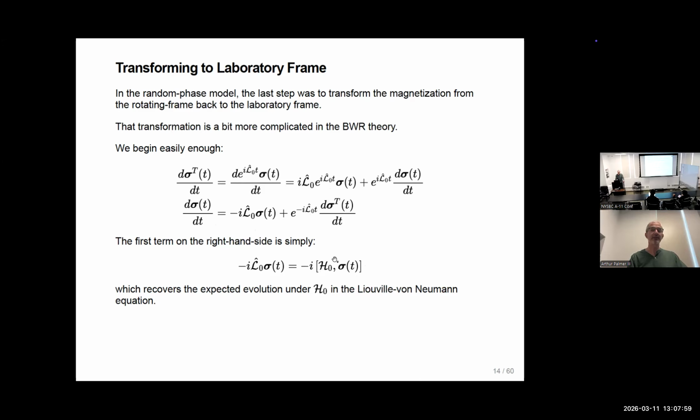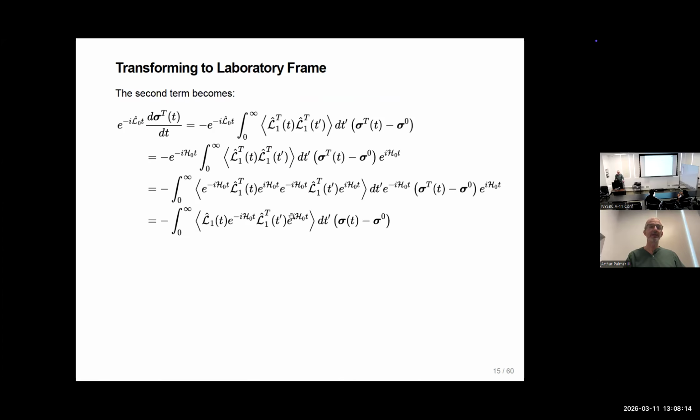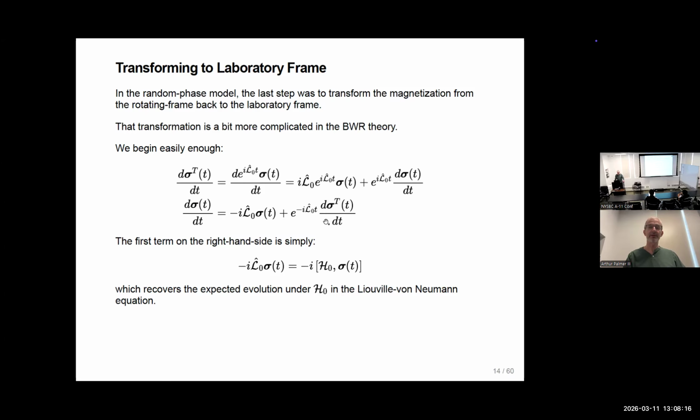That's simply all of the terms that would come from the chemical shift Hamiltonian, the scalar couplings, all the parts that survive isotropic averaging. So that part is simple. The second part here is the inverse transformation of the differential equation for the density operator in the interaction frame.